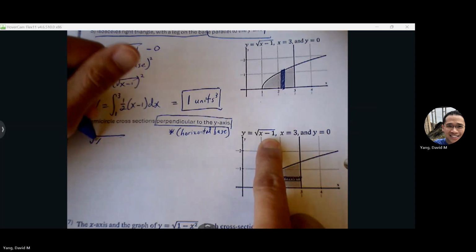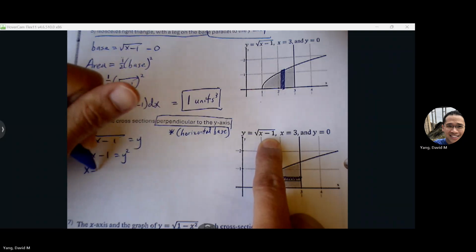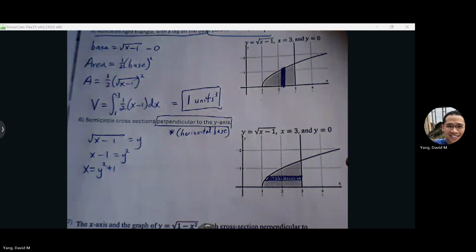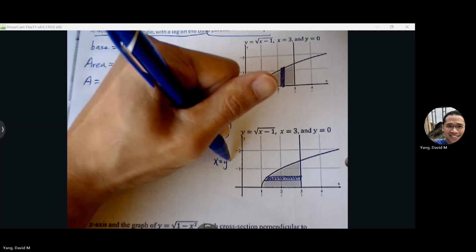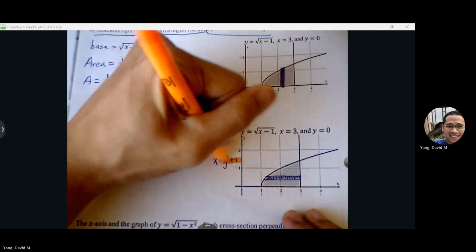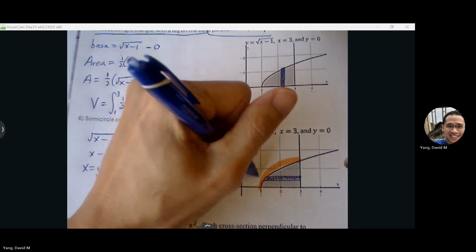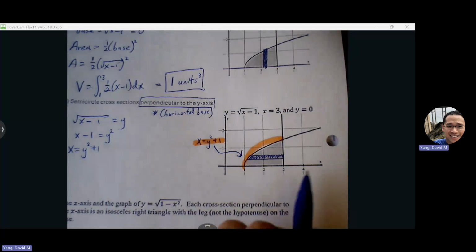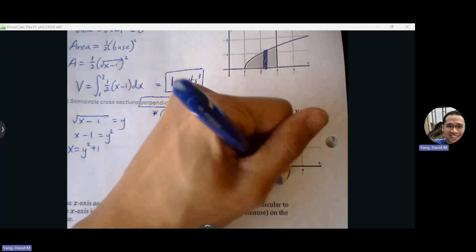The right boundary of my base length is x equals 3.